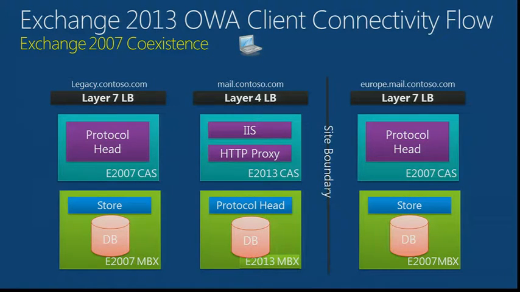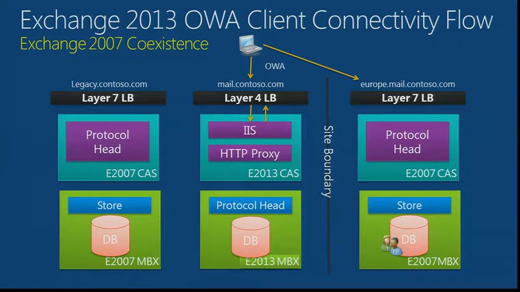All right, now let's say that is an internet-facing site over here. You're going to start to see a pattern of how this goes. This is an internet-facing site, so again, the flow goes through. We see that it's there, but we don't need to send it over to the mailbox server or the 2007 CAS server that's in our local site. We don't need to do that because we've got a place over here that we can send it to.